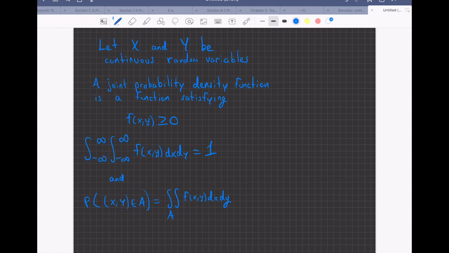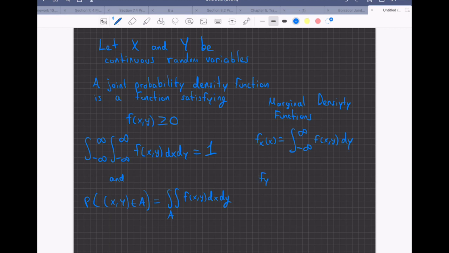And the marginal density functions: f of x is equal to the integral of the joint density function over all the y values.